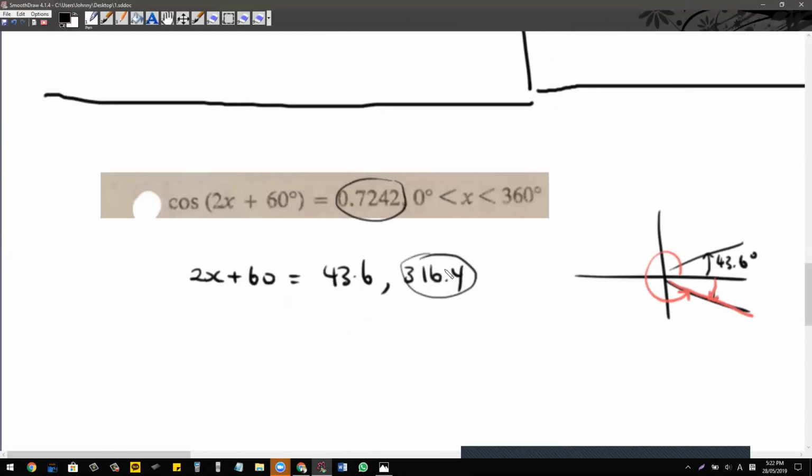Sorry, how did you get the value? So to get the value, you turned the 0.7242 into degrees. No, this is not in degrees. This is ratio. Remember this. You have cosine of angle, and that gives you ratio.